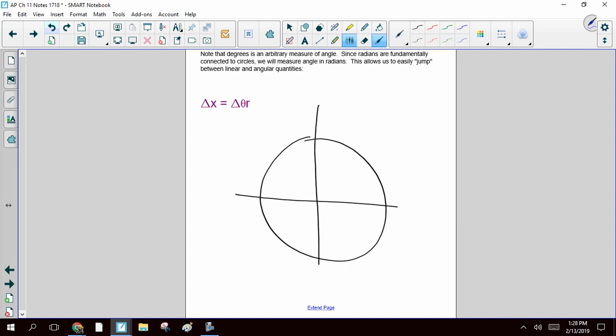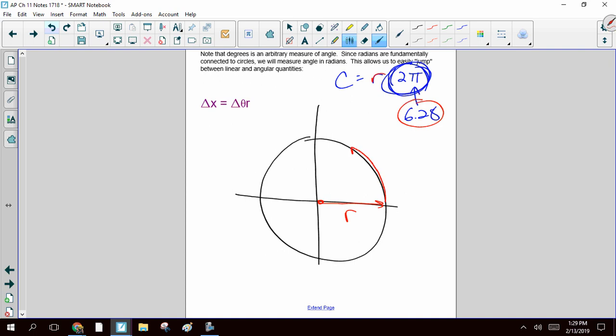So what often makes sense is to do this. One of the things we know from math is that the circumference of the circle is the radius times 2 pi. So instead of breaking the circle up into 360 parts or 4 parts, let's break it up into 2 pi parts. 2 pi is about 6.28, right? And so each chunk corresponds to 1 radius. If my circle has a radius of r, then if I travel a distance of r 6.28 times around my circle, I'll have gone all the way around it.